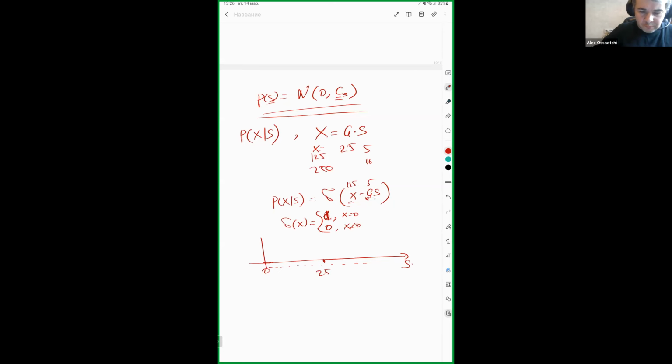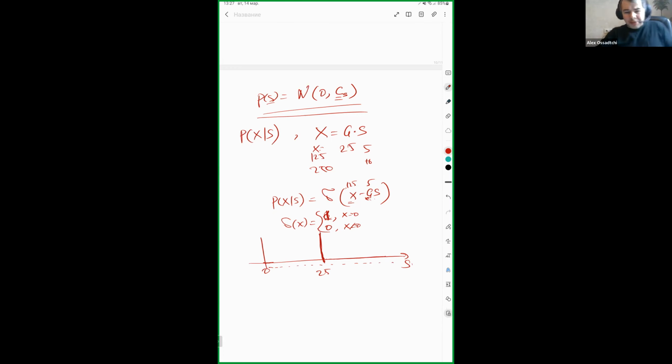You say 25 times 5 is 125, minus 125 is 0. So the argument of the delta function is 0, which means the delta function is 1, right? I'm simplifying here a little bit, I'm not talking about this infinite delta function, it will just confuse you. And then it is 0 everywhere else, right? Because apparently this cannot be non-zero anywhere else.